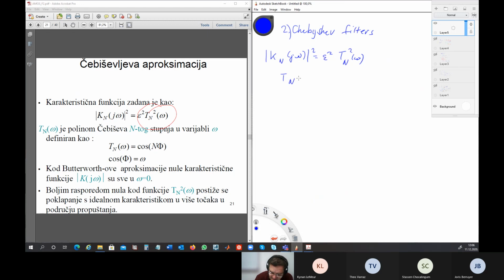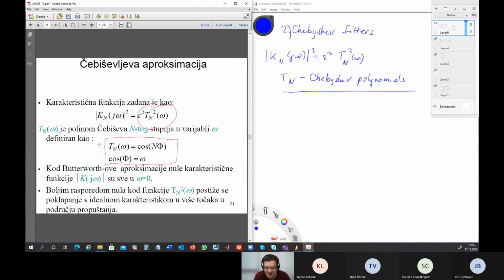Tn is called Chebyshev polynomials. And they are defined with these two parametric equations.